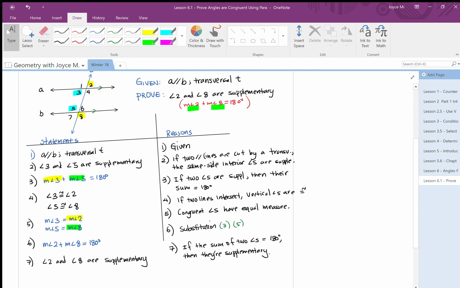You could also use corresponding angles, or you can also use alternate interior angles here. But your goal is to get the sum of angle 2 and angle A equal to 180. The reason I'm picking same side interior angles supplementary is because supplementary gives me 180 already, so I can just replace that to give my equation. So again, always make a plan before you do that.